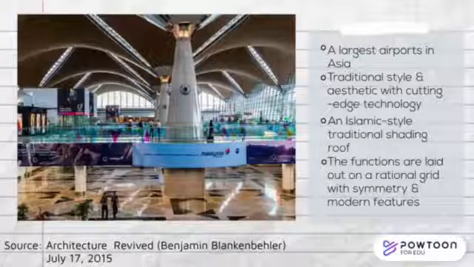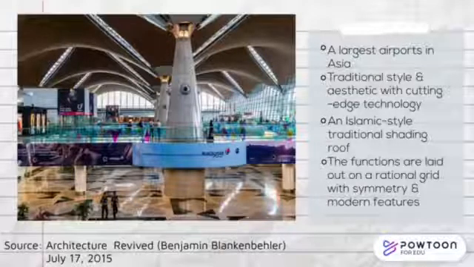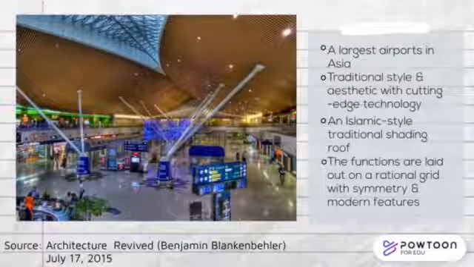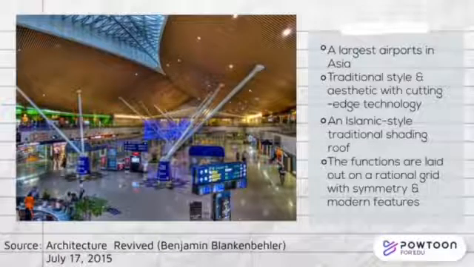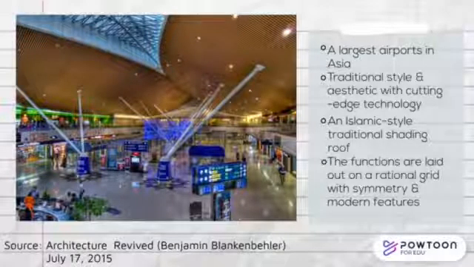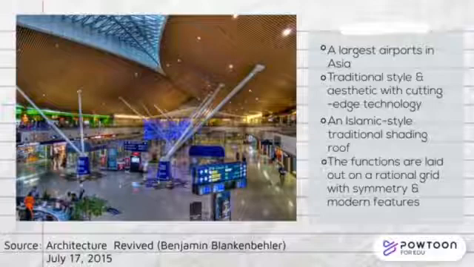The Islamic style traditional shading roof is also similar to the trees of the Malaysian rainforest, with narrow skylights in between the trees. The functions are laid out on a rational grid with symmetry and modern features, comfort and amenities combined, as this geometry combines with the organic nature of a forest. The structure opens up space as widely as possible.